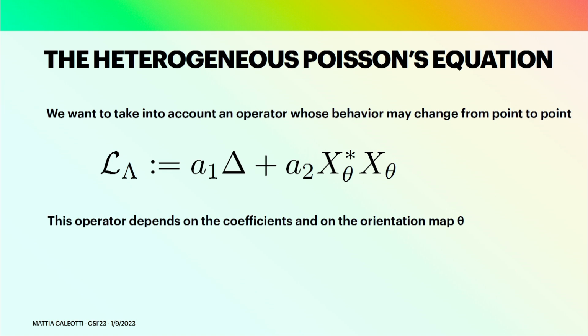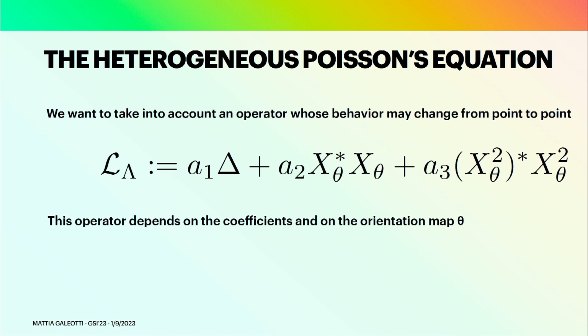We can imagine having orientation changing from point to point. I will work with this kind of operator for most of the talk, but we can also introduce operators of a different degree. So this is the general form of the heterogeneous operator that we are going to consider.